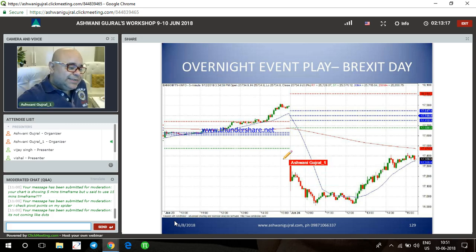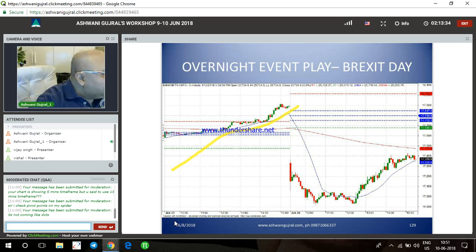This is Brexit. The market had been going up for many days and it closed at the highs of the day before Brexit. Why? Because markets thought that Brexit was a non-event and the UK will vote against Brexit.